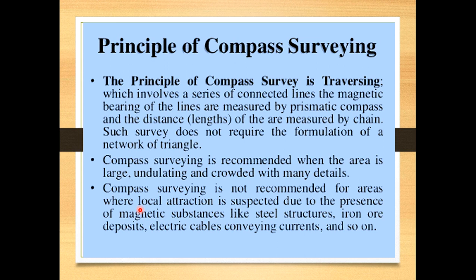Therefore, this disturbing influence of magnetic substances is known as local attraction. So local attraction is suspected due to the presence of magnetic substances like steel structures, iron ore deposits, electric cables conveying currents, and so on.